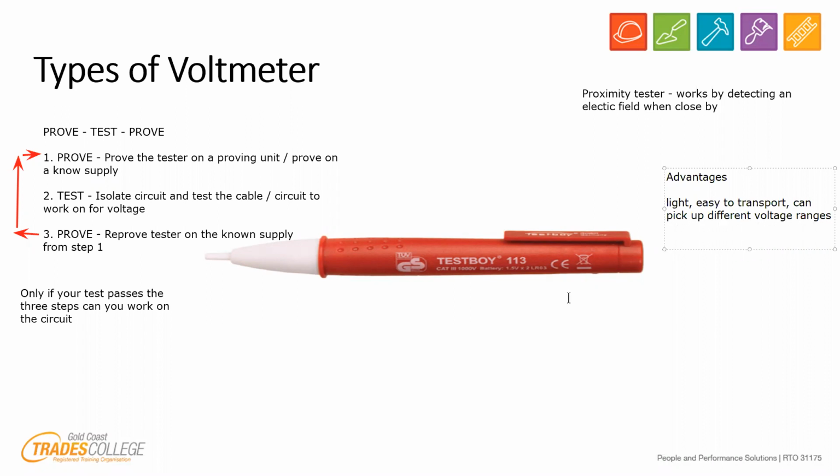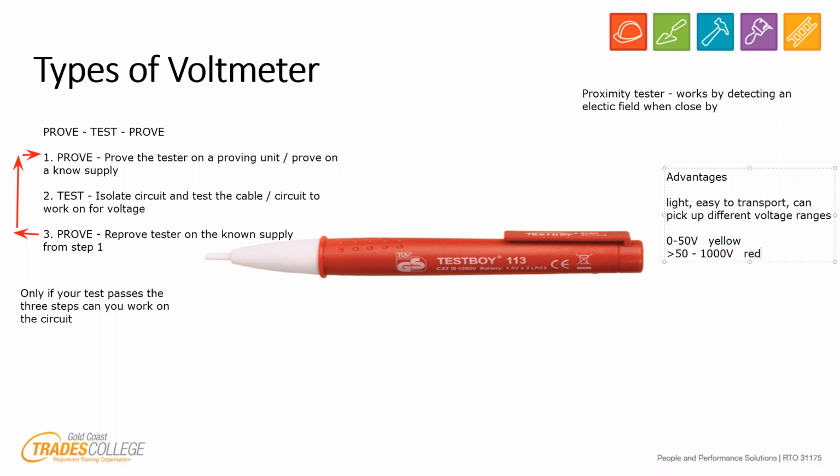The Milwaukee, for example, has a yellow light for 0 to 50 volts, and then greater than 50, all the way up to 1,000, I believe it has a red LED.